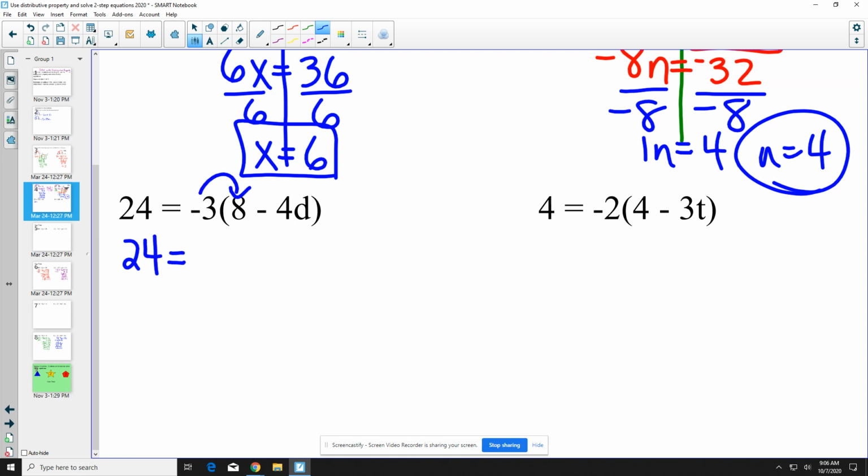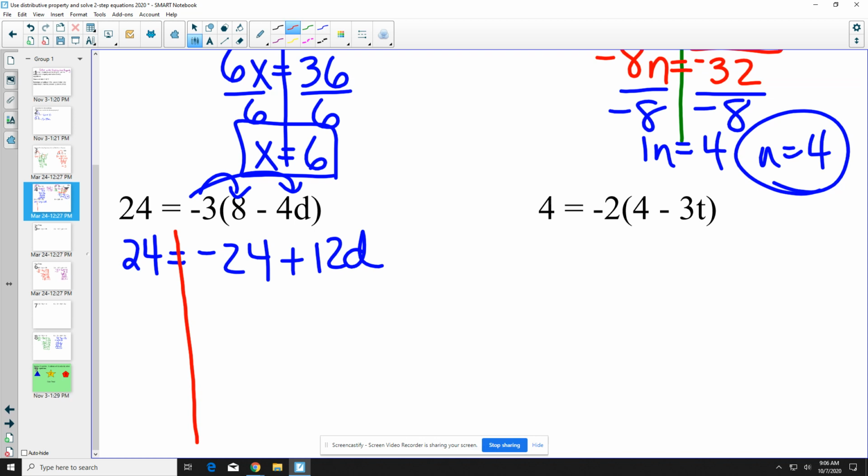Here we're using the distributive property. So negative 3 times 8 is negative 24, good. Then I have to take a negative 3 times a negative 4. A negative times a negative is a positive 12d.